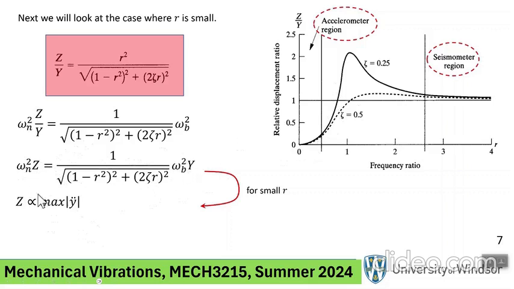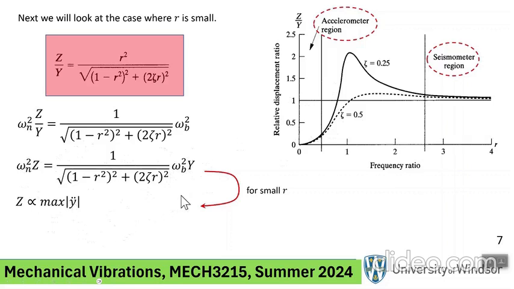So Z is proportional to that number. And what is the proportionality factor? It's omega n squared times this. And this number is the maximum acceleration of the base. Okay.